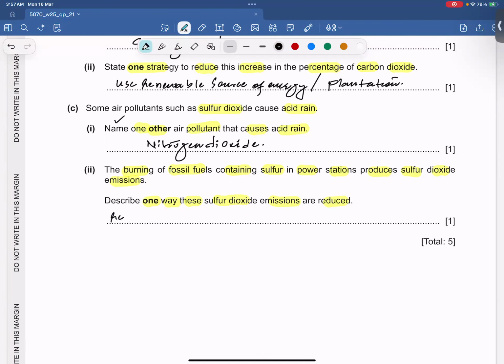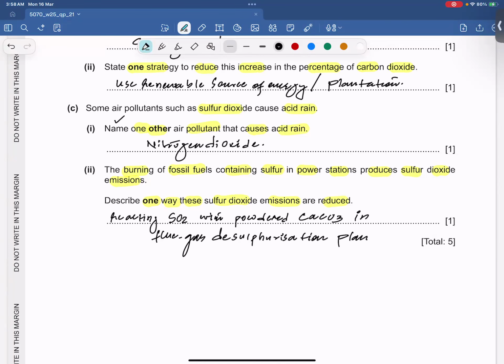So, reacting sulfur dioxide with powdered calcium carbonate in a flue gas desulfurization plant. Flue gas means waste gases.